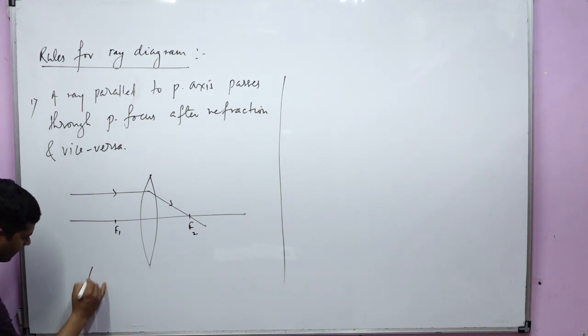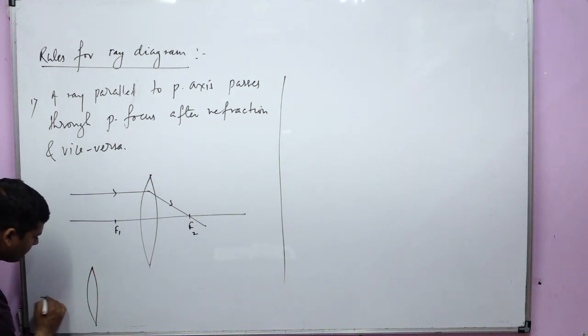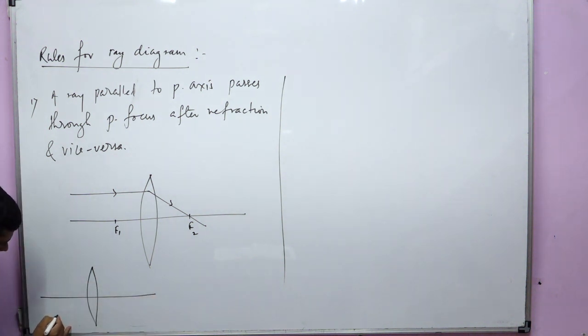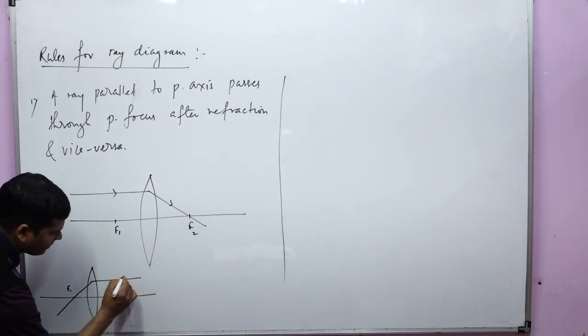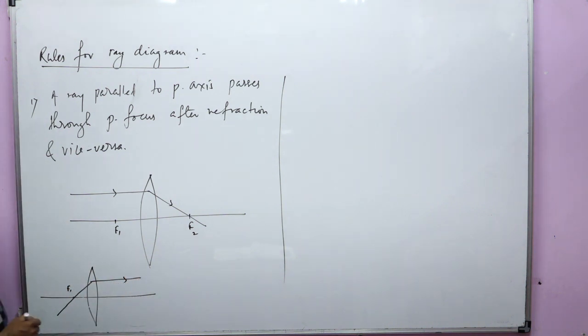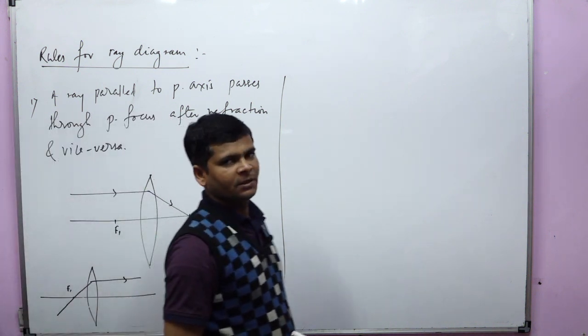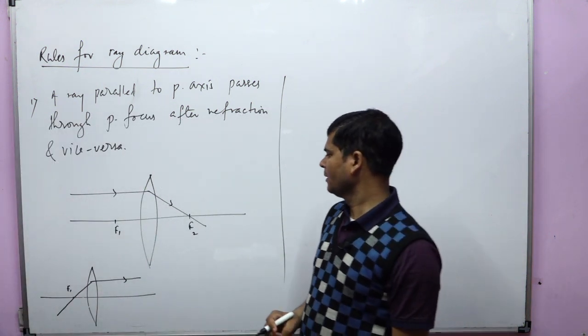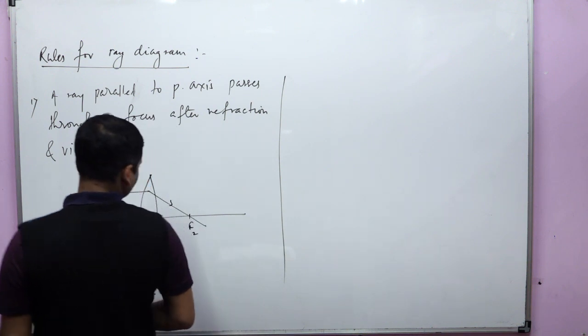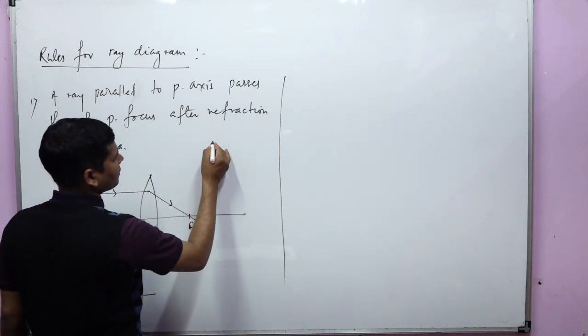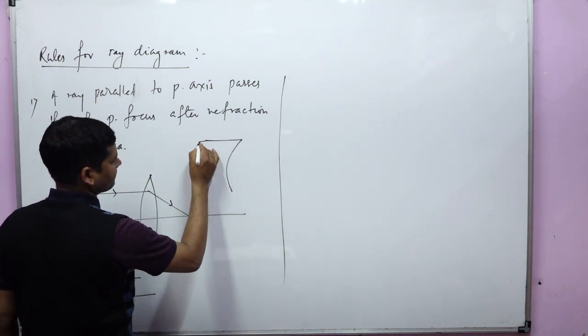Suppose a ray is passing through the principal focus. After refraction, it will pass parallel. Similarly, in case of a concave lens also you can consider.